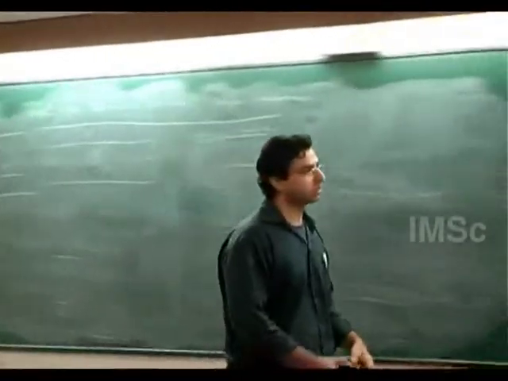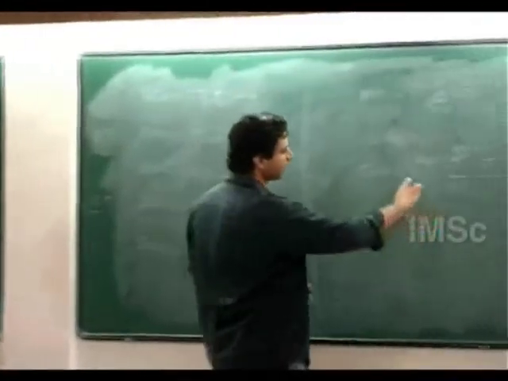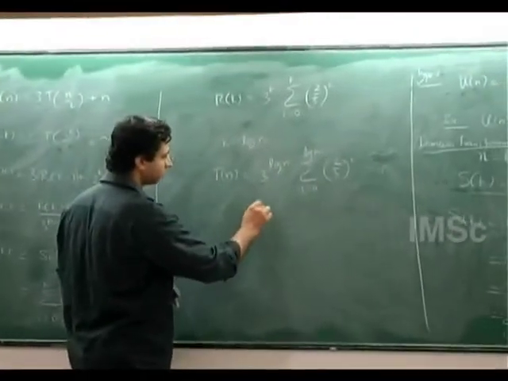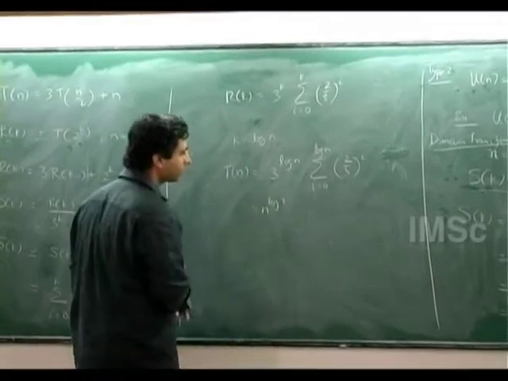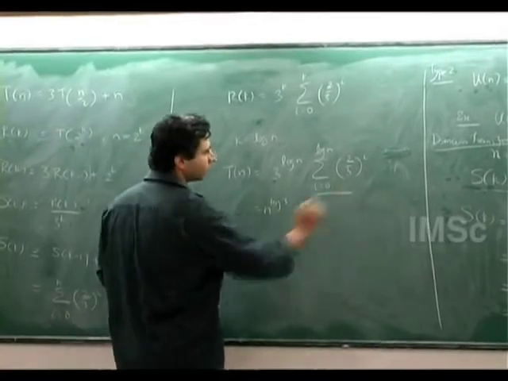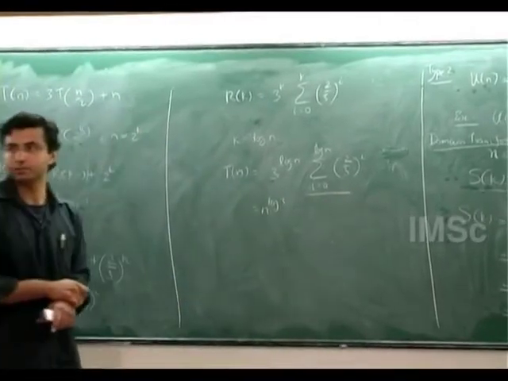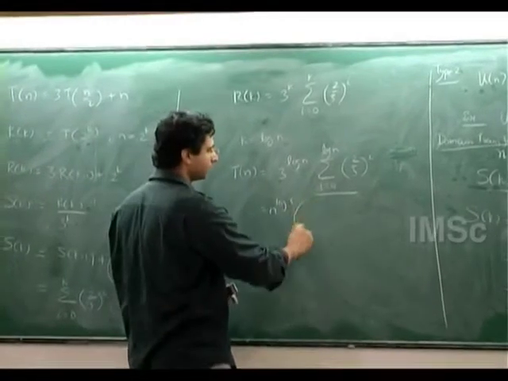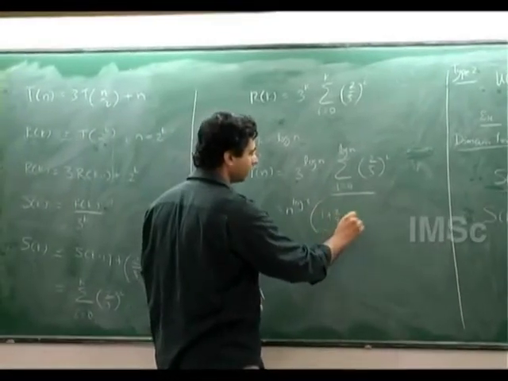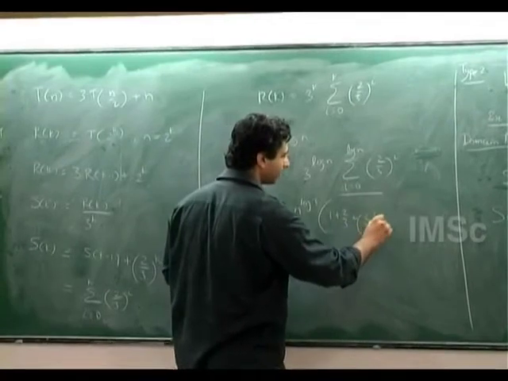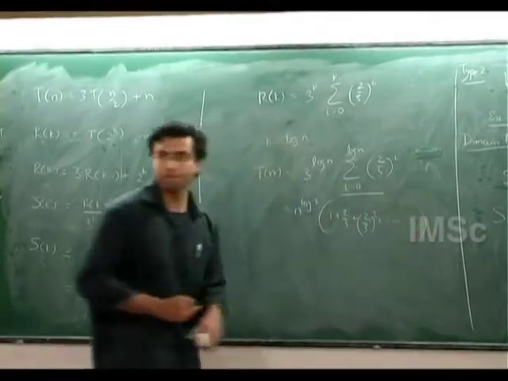And now what is this term? Again I can switch 3 and n by some simple properties of the logarithm function, and this is a geometric summation, right? What is this sum? This is 1 plus 2 by 3 plus 2 by 3 whole squared plus so on.